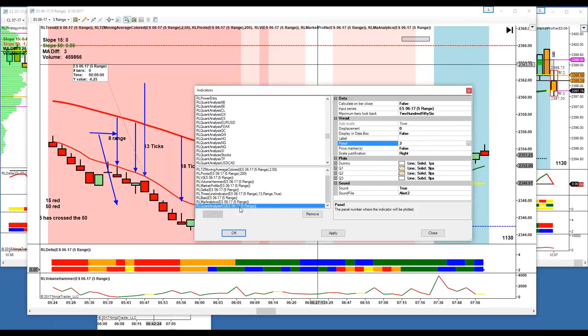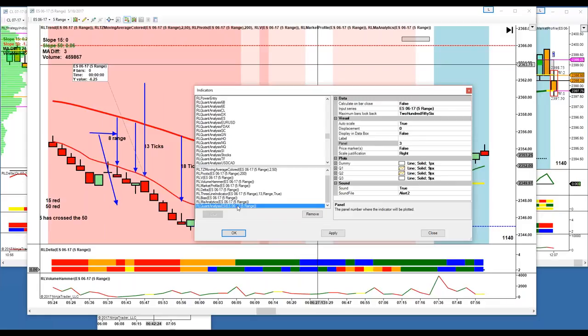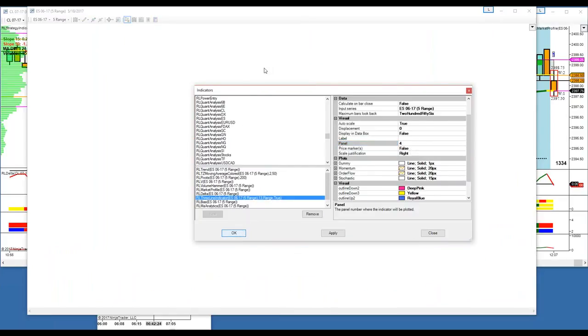We have to push the delta to 2, quant 3, the 3 line to 4. It's not going to work, but this will allow us to evaluate what we're looking at.